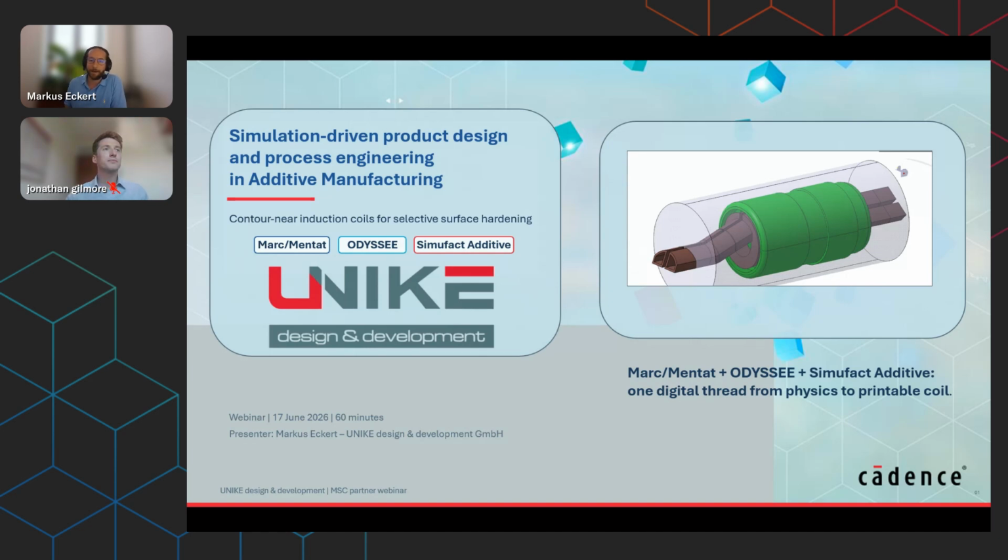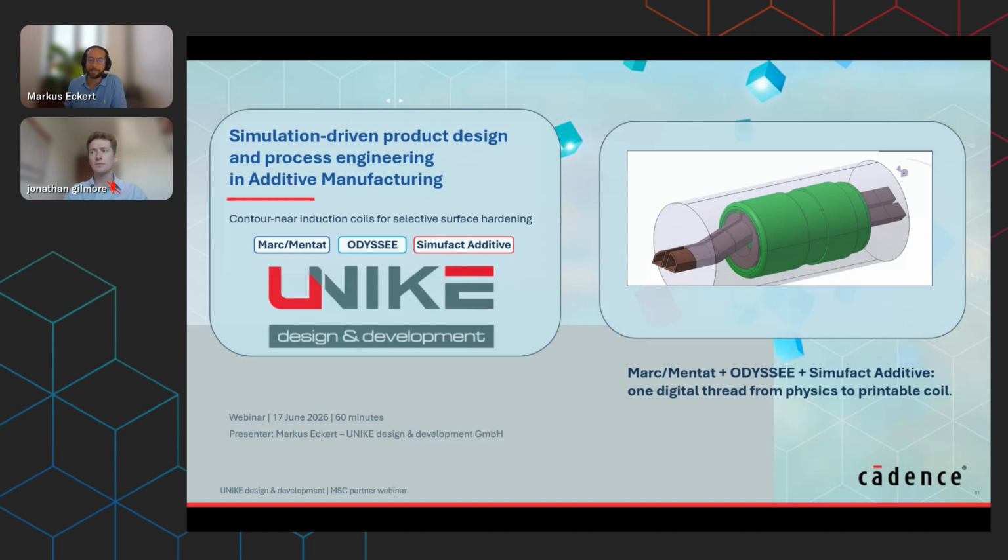Today we are looking at a topic that may sound very specialized at first, but is typical for many simulation-driven engineering workflows. We do not only want to simulate a component, we want to design a real tool that can later be manufactured and operated reliably. The specific case is a contour near induction coil for selective surface hardening. The coil has to heat only clearly defined surface regions.